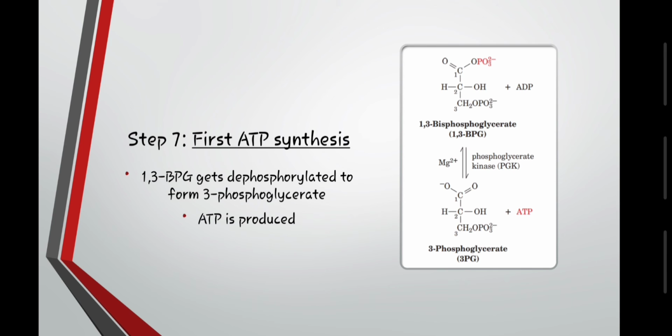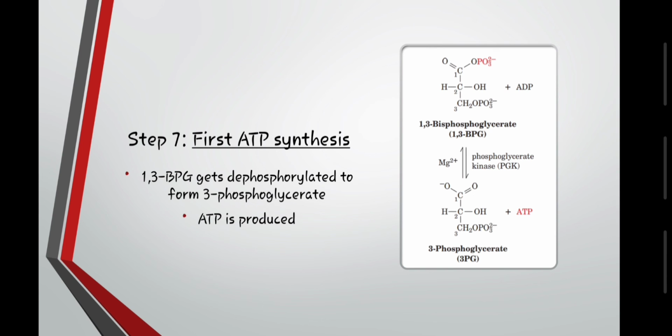Since we produced 1,3-BPG, which is just a shortcut for 1,3-bisphosphoglycerate, it is dephosphorylated, or a phosphoryl group is removed from carbon number 1, and ATP is produced.